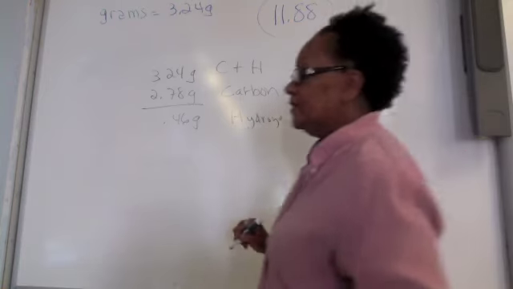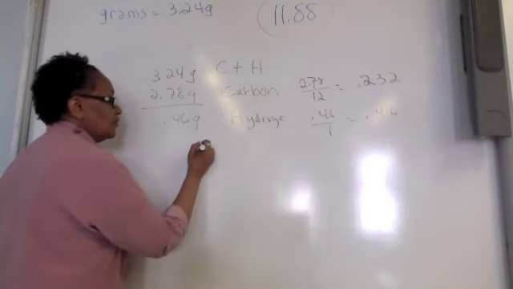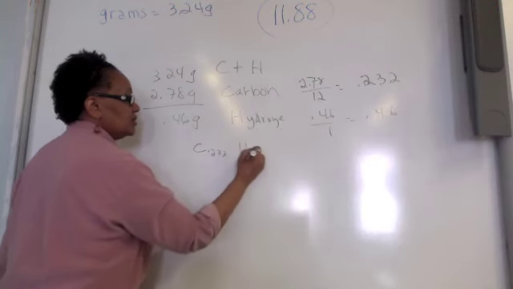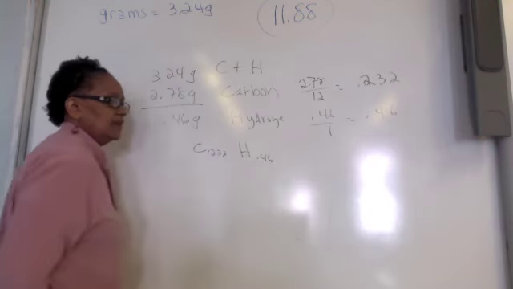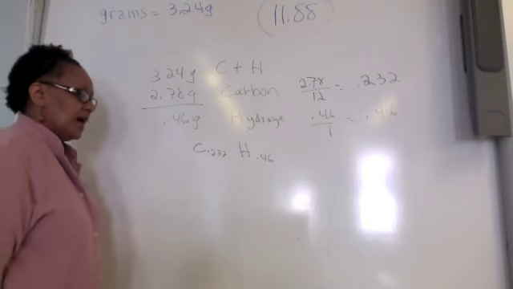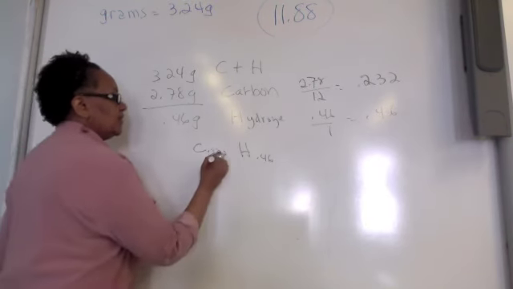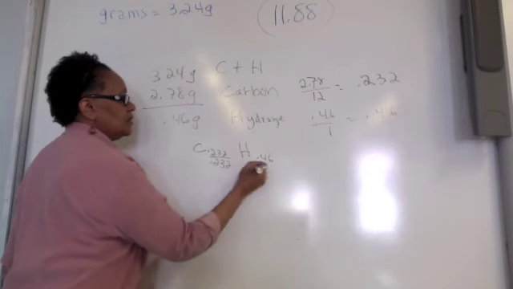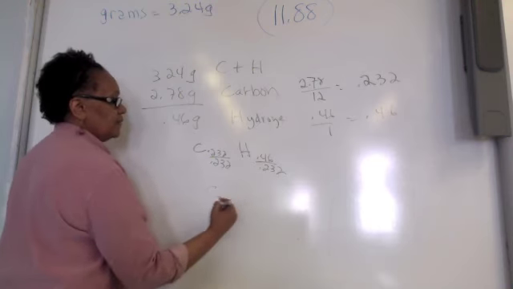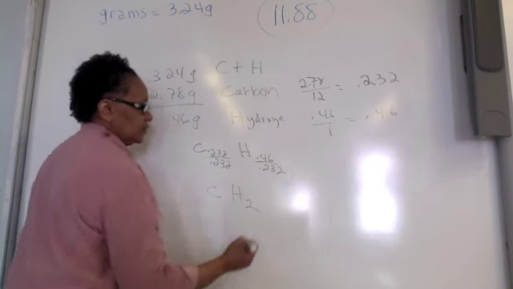So our little empirical formula is so far C0.232 H0.46. Now we know we can't have fractions there, so what we do is divide by the smallest number. So I'm going to divide by 0.232, and this gives us C1 and H2.